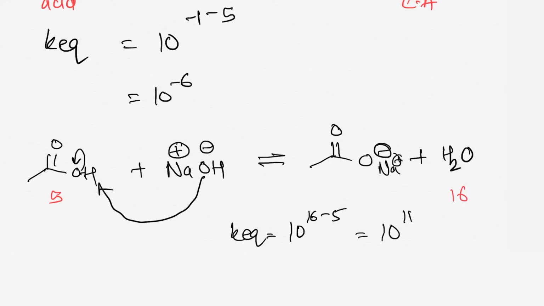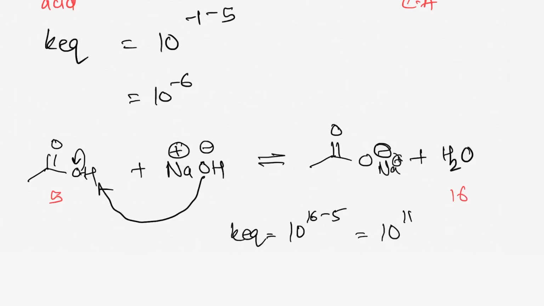Now you can see why acetic acid and a base like NaOH will react vigorously to form the acetate ion, but the water molecule will not really dissociate acetic acid into acetate ions.